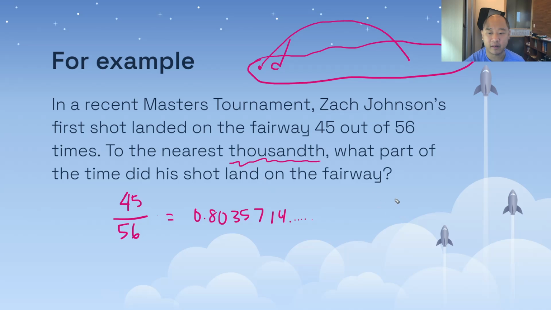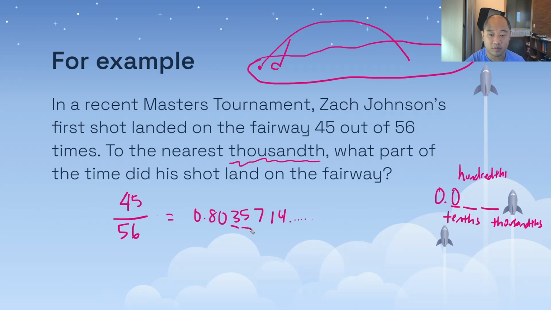So, as a reminder, if this is the ones place, then this is the tenths, hundredths, and then thousandths. So that's 3 decimal places past.